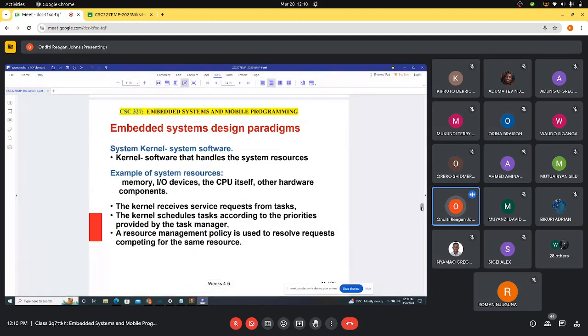Since most of you are planning to be developers, even those planning to do automation of infrastructure, you really have to understand how kernels work and how they act as the central manager, the source of policies that resolve several interrupts within the functioning system.